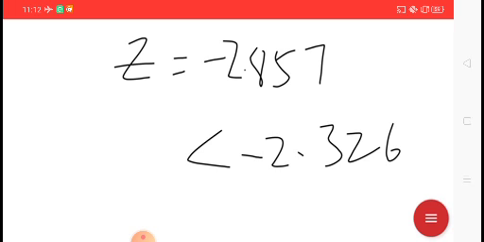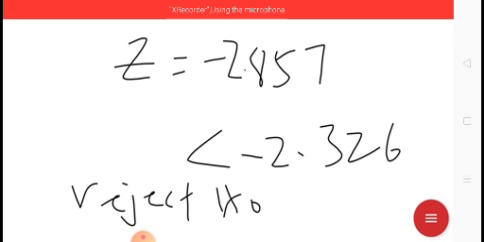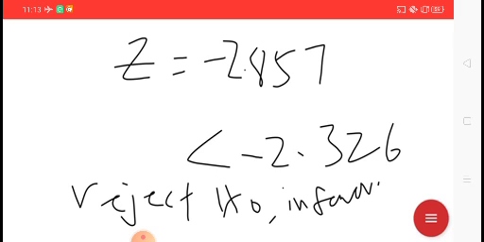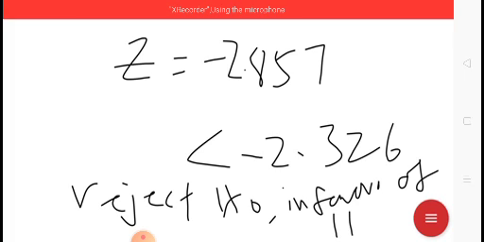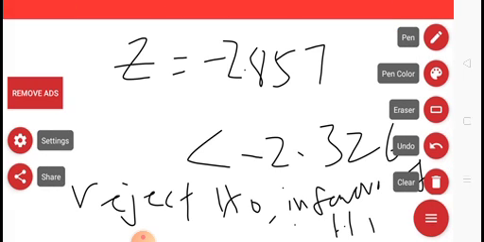Right? So once you have this, you can say reject H0 in favor of H1. This is a general statement. And once you have a general statement, then you can do the final conclusion.